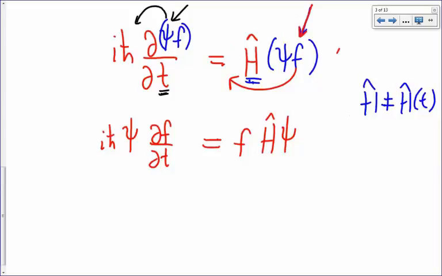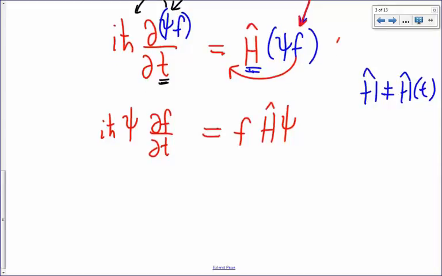All right. Now, I'm going to separate my variables. I'm going to move everything that depends on time on one side and everything that depends only on coordinates on the other side. So I'm going to divide this by psi times f. All right.